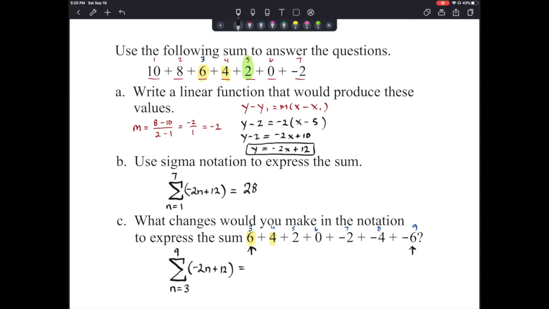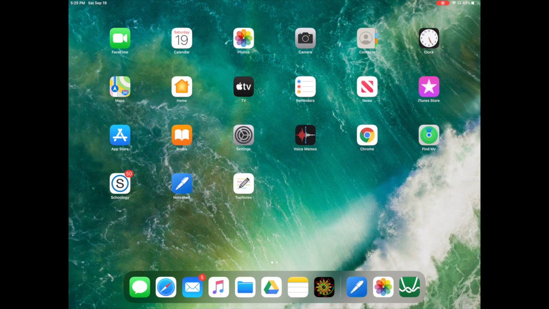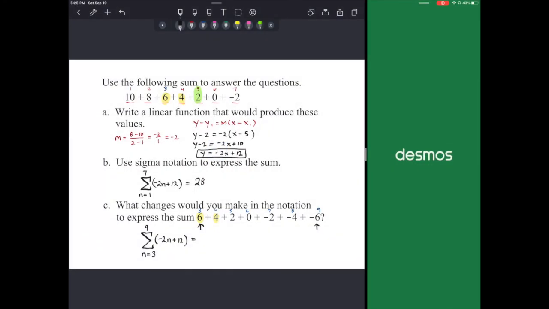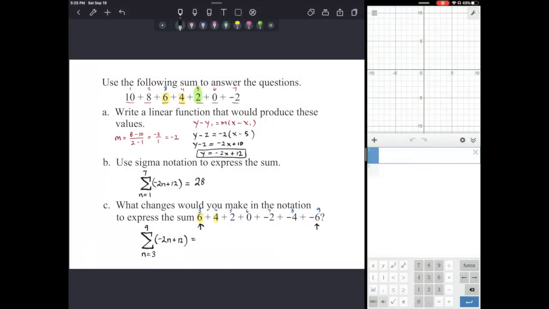If you want to go ahead and do that, you can find the sum just using your calculator. So we'll go back in one more time. We've got sigma there. We're going from the third term to the 9th term.